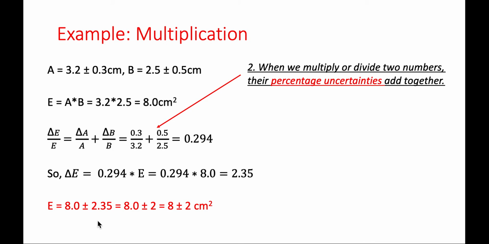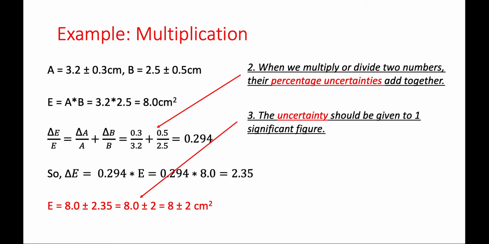We then need to apply our rules. We need to apply our first rule, rule 3, which is the uncertainty must be given to one significant figure. Now 2.35 given to one significant figure is just 2.